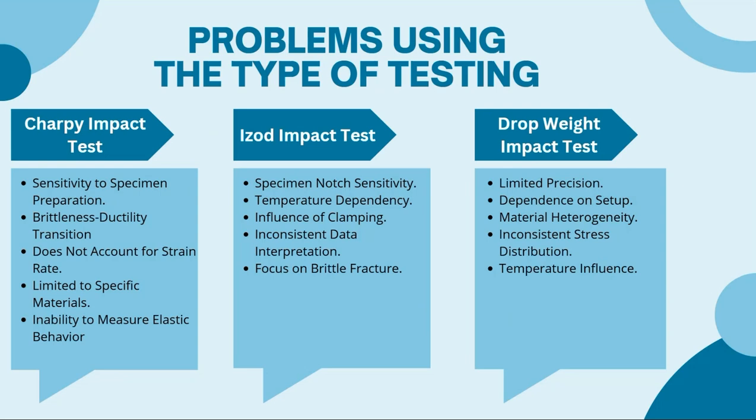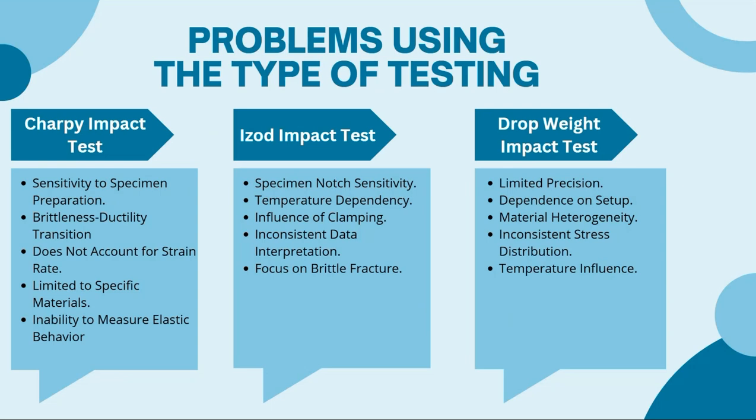And the problems using this type of testing. The Charpy impact test usually has sensitivity to specimen preparation, and the next one is brittleness-ductility transition, and it does not account for strain rate. The Charpy impact test is also limited to specific materials and is unable to measure elastic behavior.